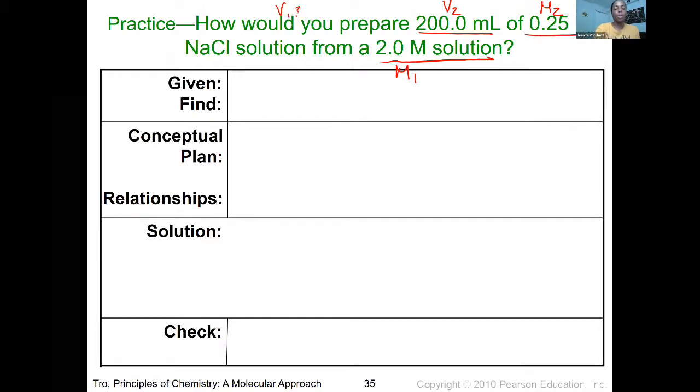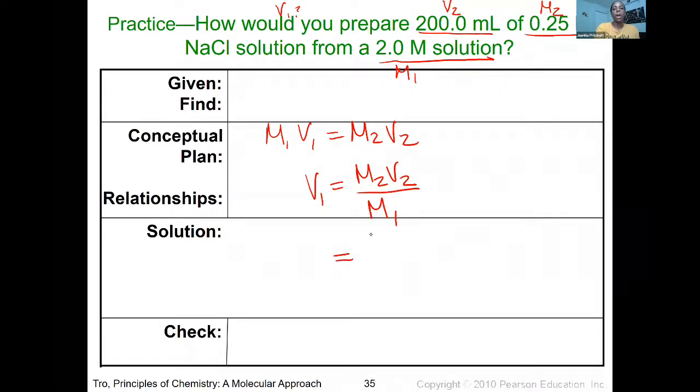Again, start with your equation, M1V1 equals M2V2, and now we're solving for V1. So V1 equals M2V2 divided by M1. Plug in. Our M2 is 0.25 molar, our V2 is 200 milliliters.